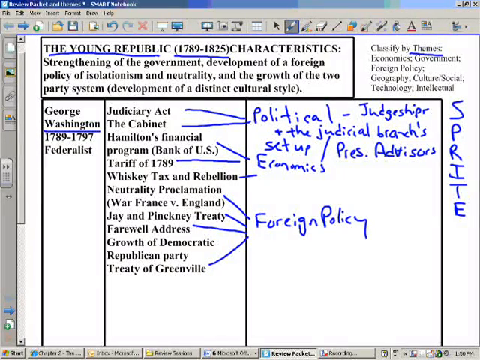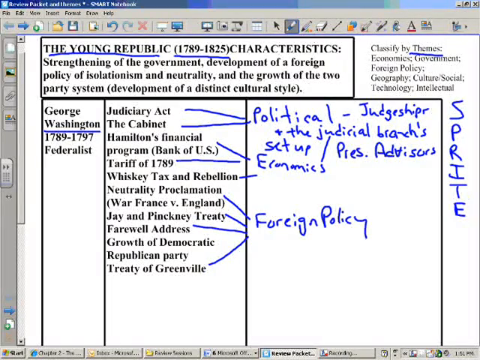Now, as we look at the economic aspects, we start to remember that this was a time period where our country was new. We had millions of dollars of debt. Each state had its own debt. And most of that debt can be traced right back to us establishing our independence from England in the American Revolution.